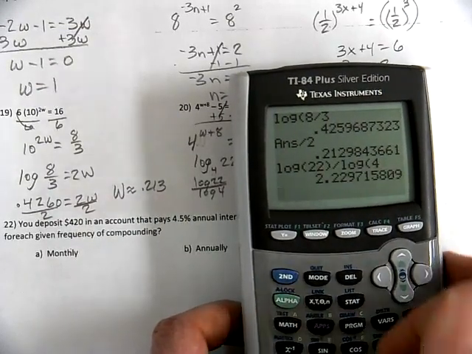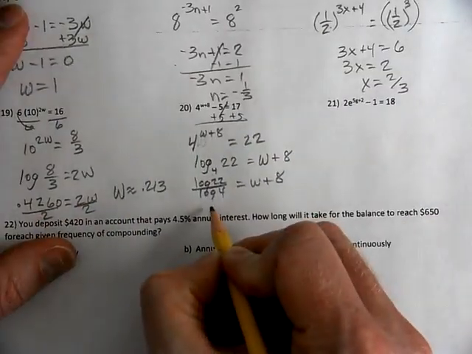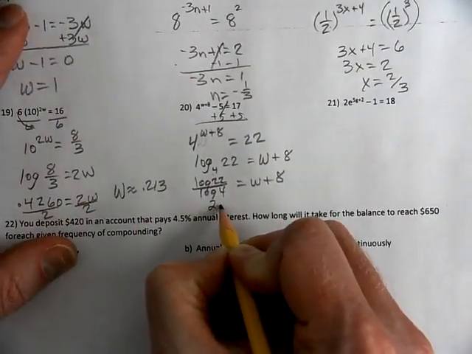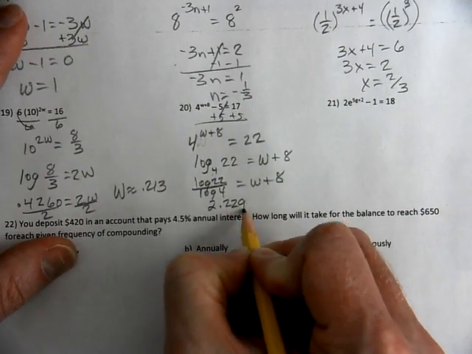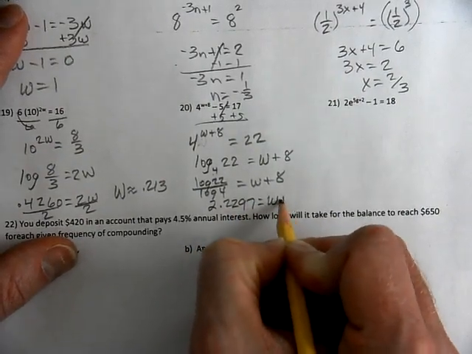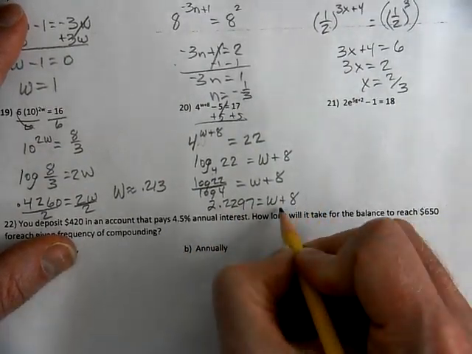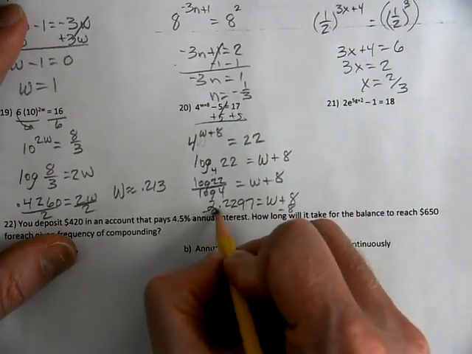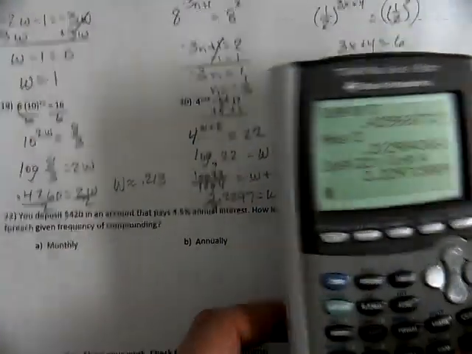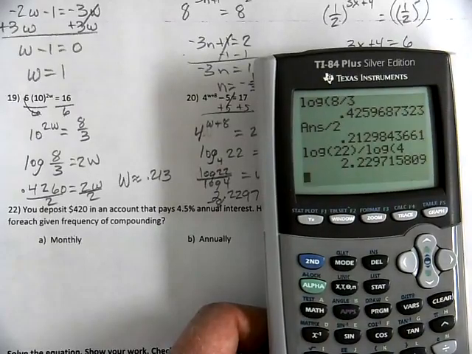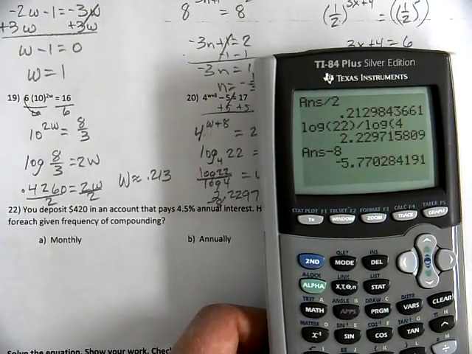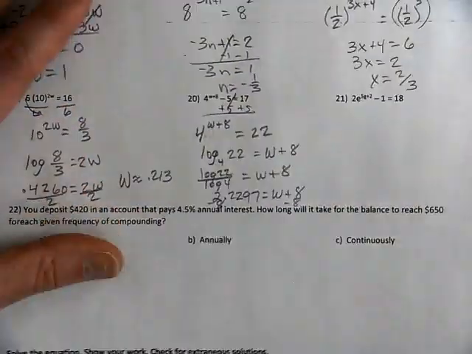That gives us 2.22. Now we subtract 8. That gives us negative 5.77.